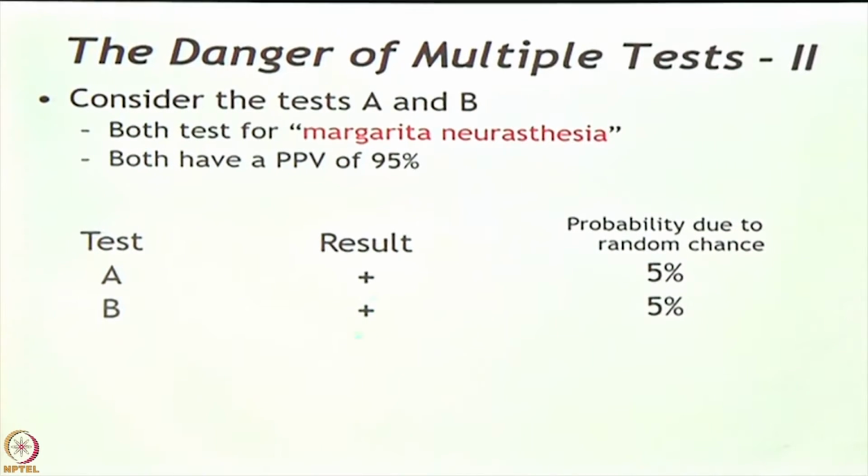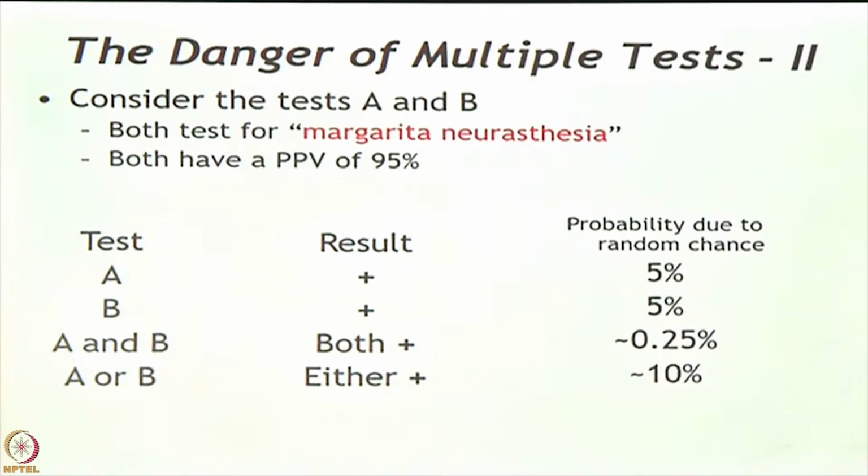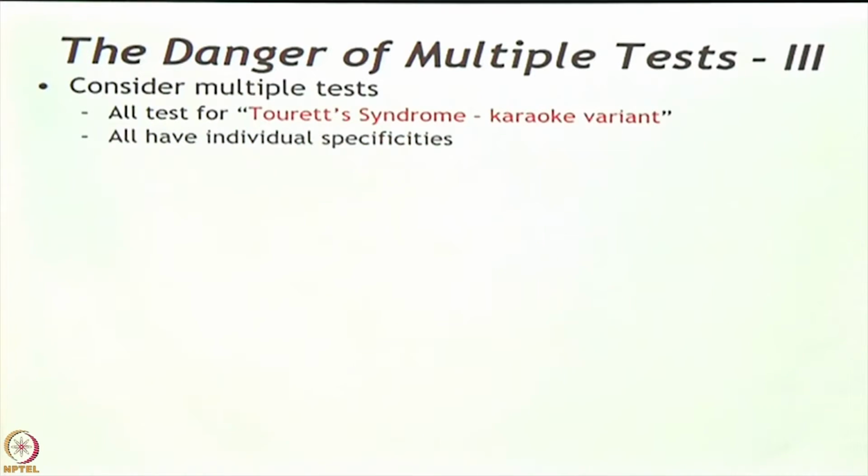Test B may be positive, so its chance alone is 5%. If you do both A and B, and you require them both to be positive, now your test is getting more stringent because the chance of a false positive is much lower. But if you accept either one, now the chance is much higher because you now have to add the two effects together.